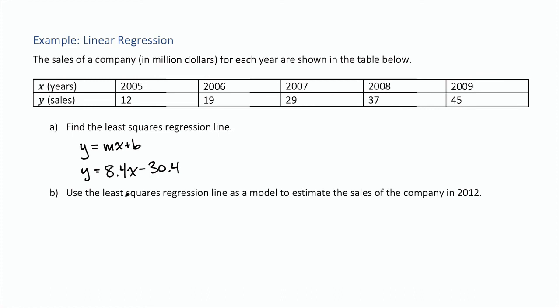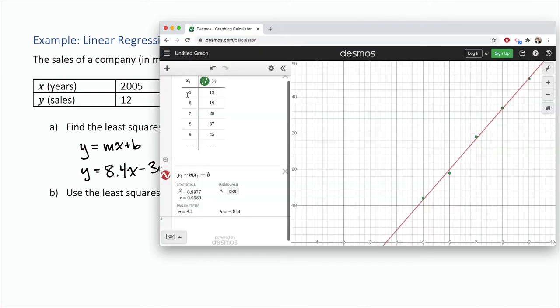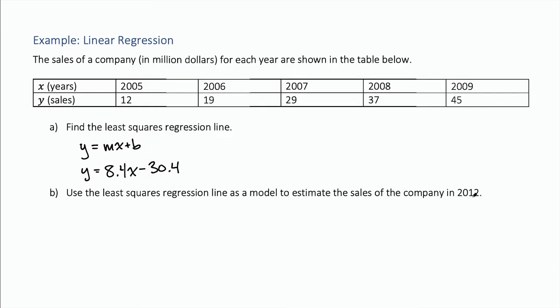Part B: use the least squares regression line as a model to estimate the sales of the company in the year 2012. Note that in this line, x represented the years since 2000. So if I'm finding 2012, I'm talking about x equals 12, and we just plug it right into this equation: 8.4 times 12 minus 30.4.